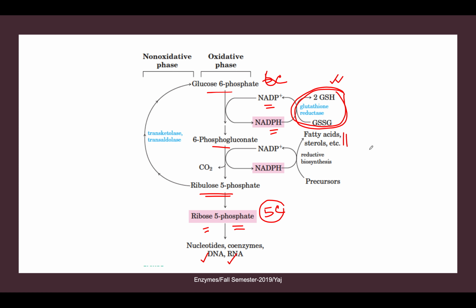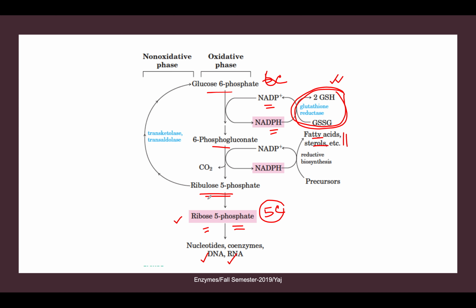So the two key aspects of this pathway are to provide the pentose sugars for the synthesis of DNA and RNA, and also for the generation of the protonated form of NADP, which is used in order to maintain the cellular integrity, especially of erythrocytes through glutathione, as well as the NADPH helps in the synthesis of fatty acids and sterols.